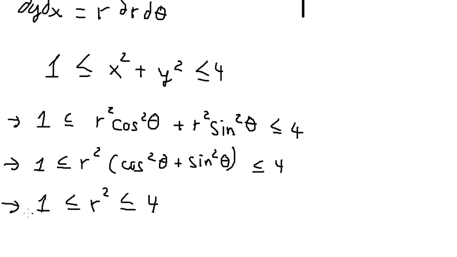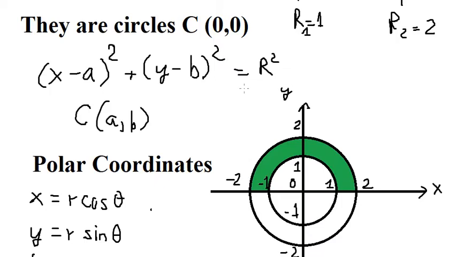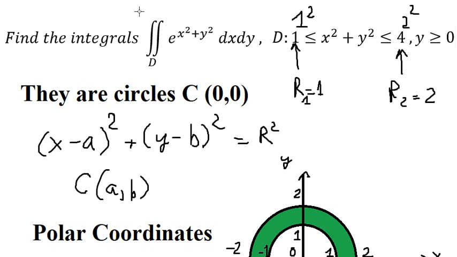Now we put the square root on both sides. And now we have the bounds of r. Now let's go back to this one.